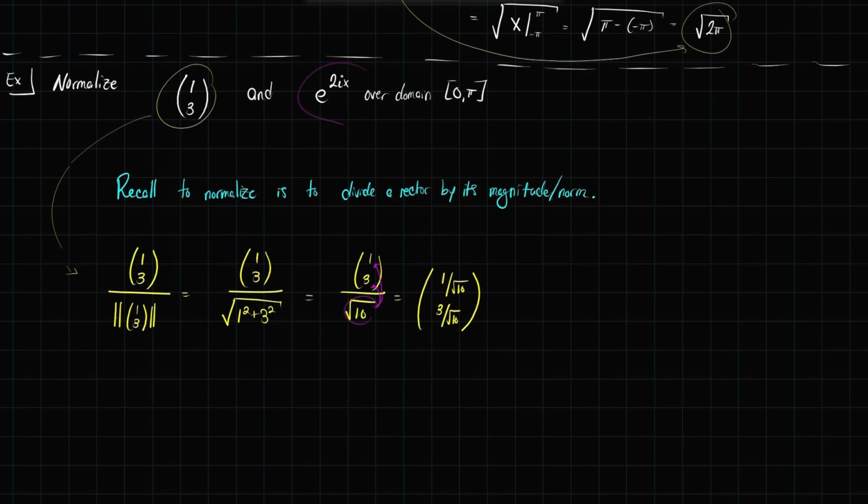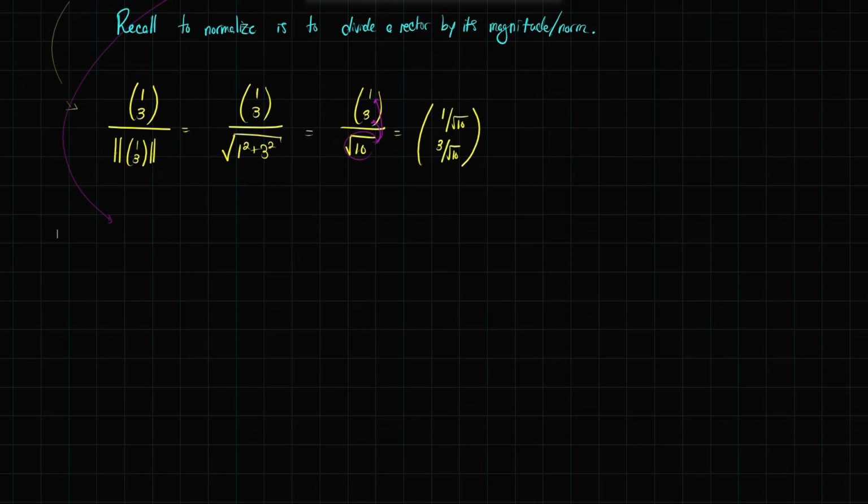I want to play the game with e to the 2ix over a specific domain. Well, that's going to get a little trickier because I do have to perform the norm of e to the 2ix over that domain. It's going to be the square root of the integral from 0 to pi, because that was my domain, of e to the 2ix times its conjugate.